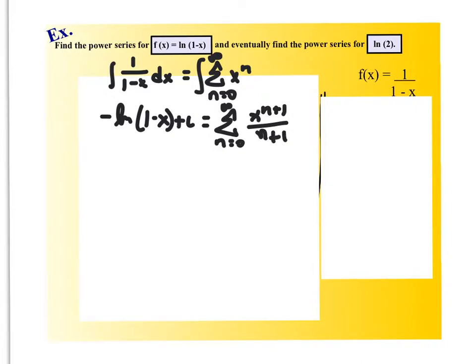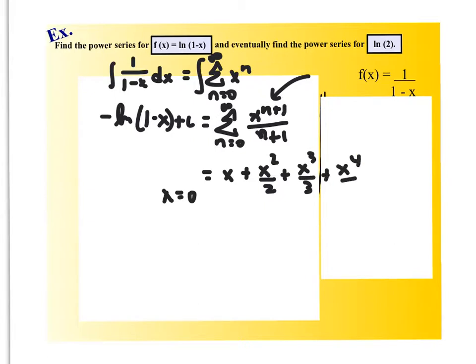Now this plus c is hanging around here, but I want to get rid of it, and I'm going to show you how. If x equaled 0, as I'd be expanding this, let me show you what it would look like. The first term would be x, the second term would be x to the second over 2, then x to the third over 3, then x to the fourth over 4, and that would go on forever.